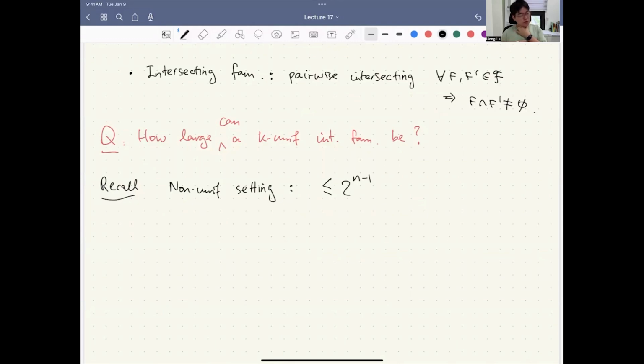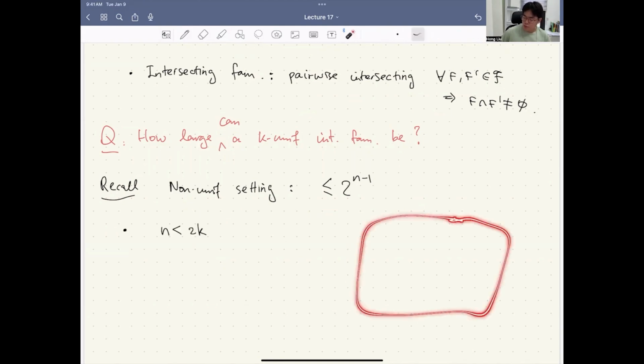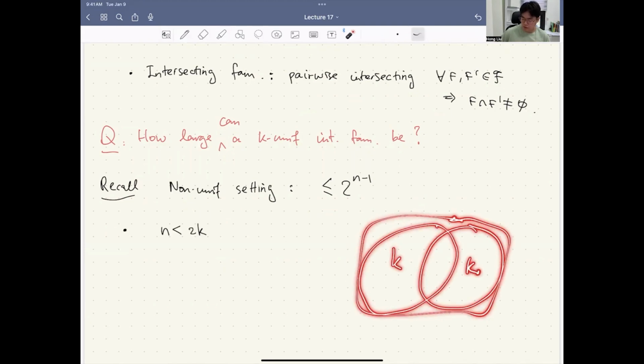Let's try to think a little bit. If k is too large, so if n is less than 2k, there's nothing to do. Why? The ground set, the pool, is so small that it has no room to put two disjoint k sets, just by pigeonhole.